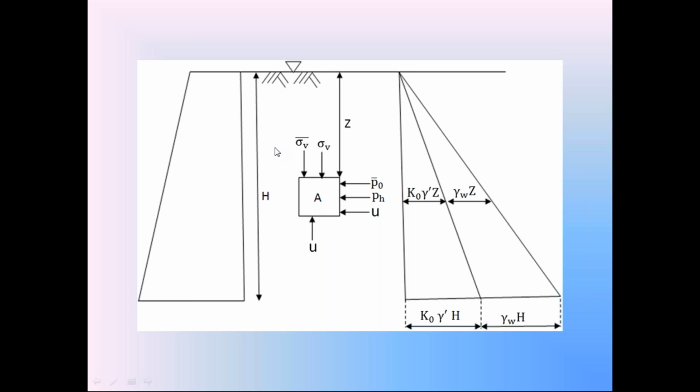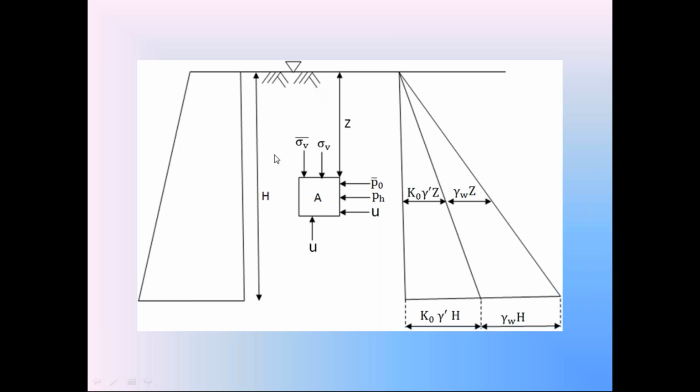That is the equation of this pore water pressure acting on the soil element. So in this second condition, when this backfill is totally saturated, the vertical stress sigma V is equal to gamma saturation into depth Z acting in the downward direction.